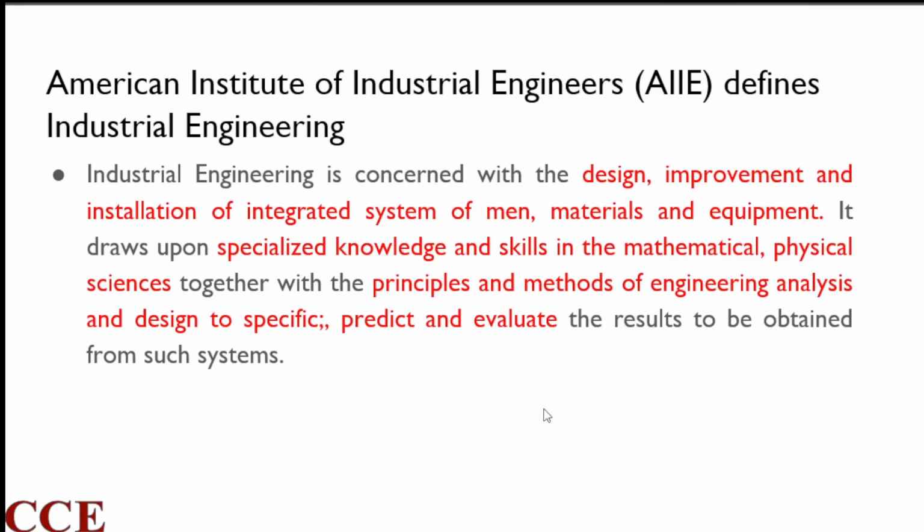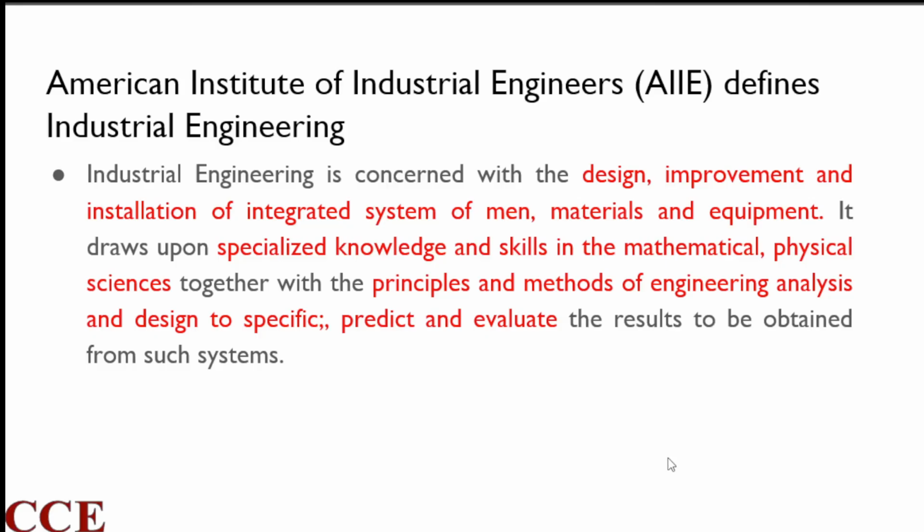By the American Institute of Industrial Engineers, AIIE, the definition of industrial engineering is: industrial engineering is concerned with the design, improvement, and installation of integrated systems of men, material, and equipment.